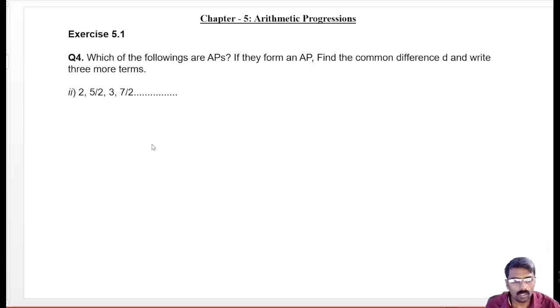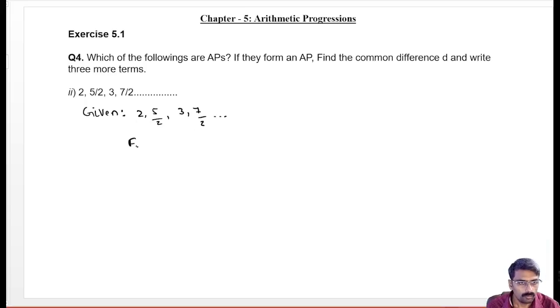Our next sub question is 2 comma 5 by 2 comma 3 comma 7 by 2. So these are our terms, this is given: 2, 5 by 2, 3, 7 by 2 and so on.